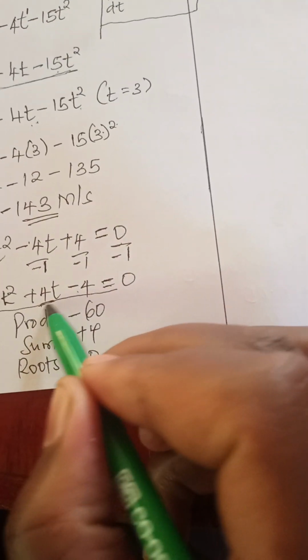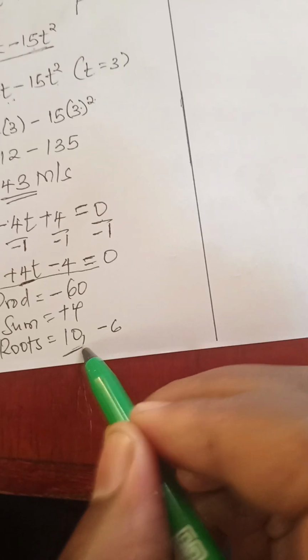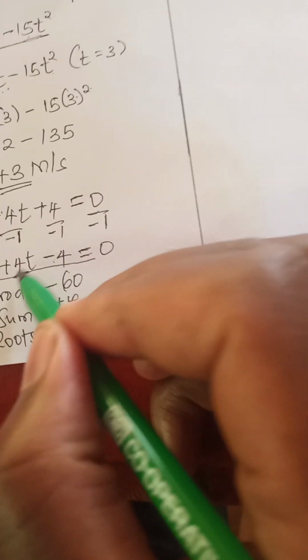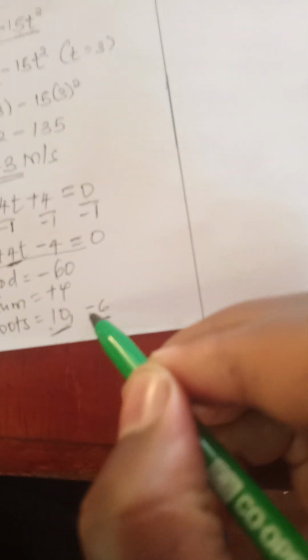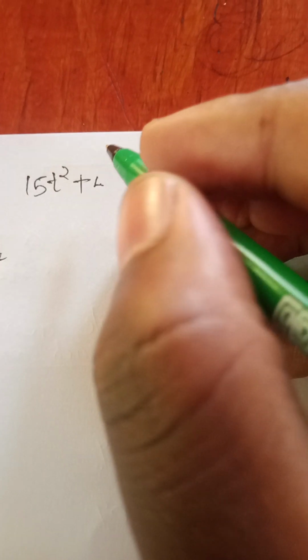The middle term should be expanded using these two. So instead of writing 4t, you write 10t minus 6t. So you write it as 15t squared plus 10t minus 6t, then lastly minus 4 is equal to 0.